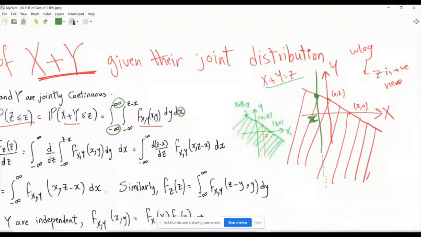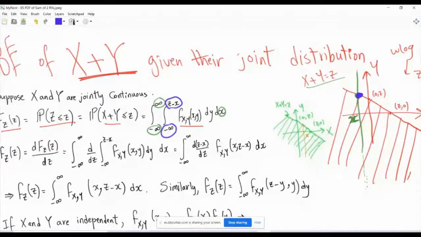So you start here from -infinity, and then you stop at this point. Okay, and so Y will be from -infinity to z minus x. And actually this idea is general.